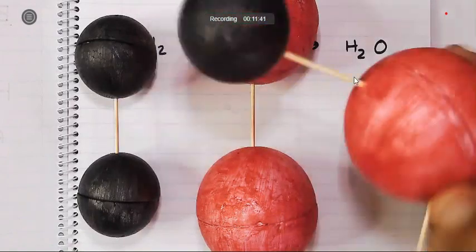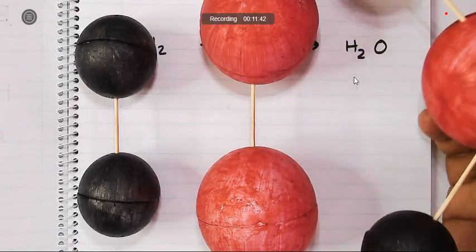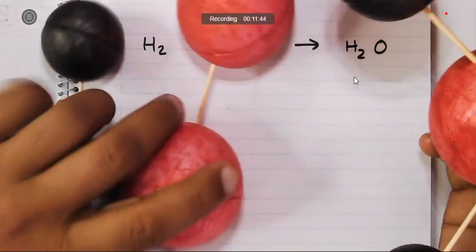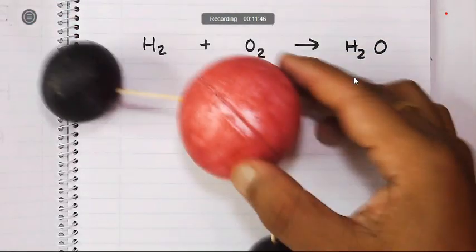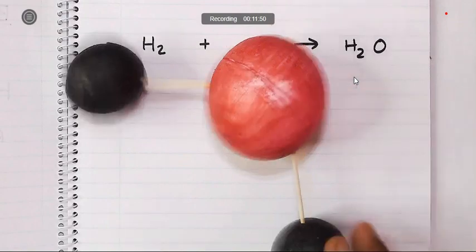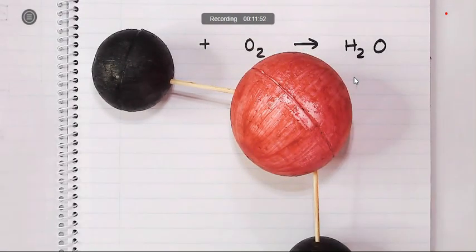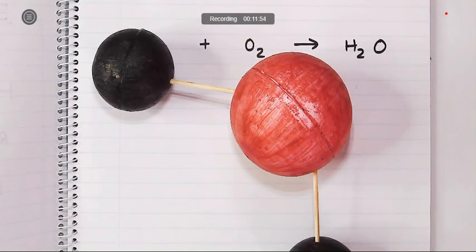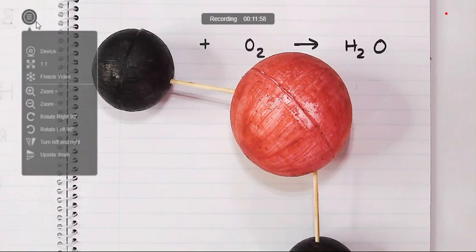This is the product, the water molecule. So let me remove the hydrogen and oxygen, then the water molecule should be like this. I just want you to understand it better, which is why I came up with a model, so it will assist you.